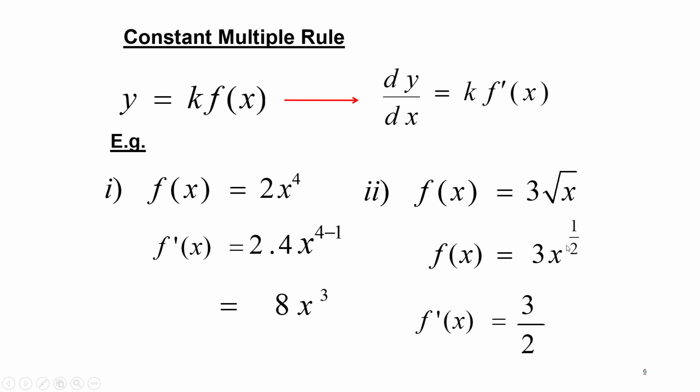So when this half comes and multiplies in front here, we have 3 times half, same as 3 over 2, and we have x power negative half, because half minus 1 is minus half. So that is why we have minus half here and 3 over 2 here. So basically we say the differential of f of x is 3 over 2 x power negative half.